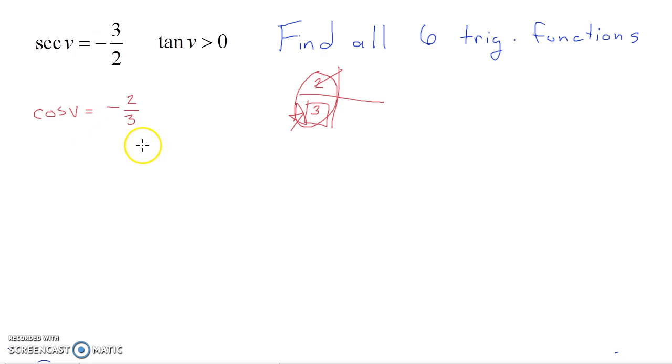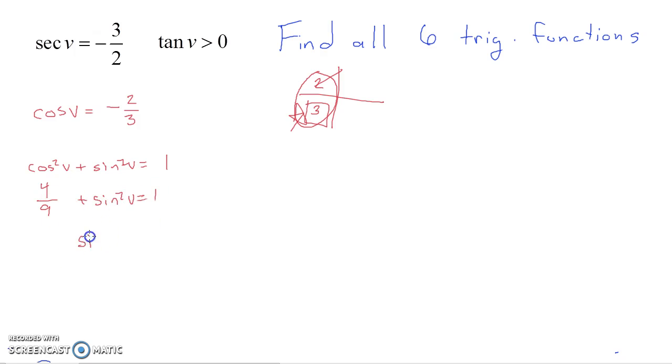What do I want to find next? Well, again, go back to your trig identities and use whatever one you want. I'm going to use the Pythagorean identity that cosine squared of v plus sine squared of v equals 1. So let's see here. Cosine squared would be 4/9. Again, all I did was take cosine and square it, and I got 4/9. Plus sine squared of v equals 1.